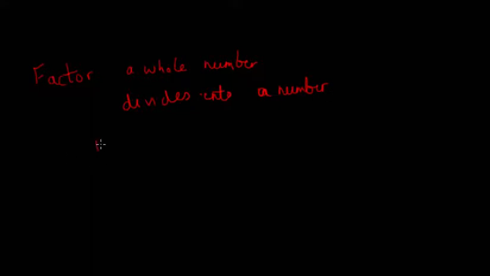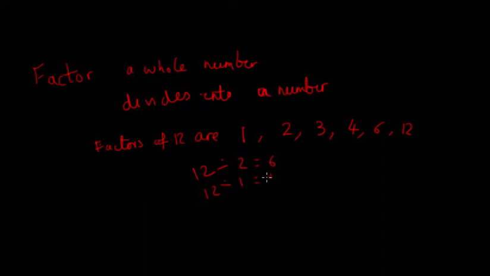So think about the factors of 12. They are 1, 2, 3, 4, 6 and 12. So 12 divided by 2 equals 6. 12 divided by 1 equals 12. So we take the factors: 12 divided by a factor gives you a whole number.